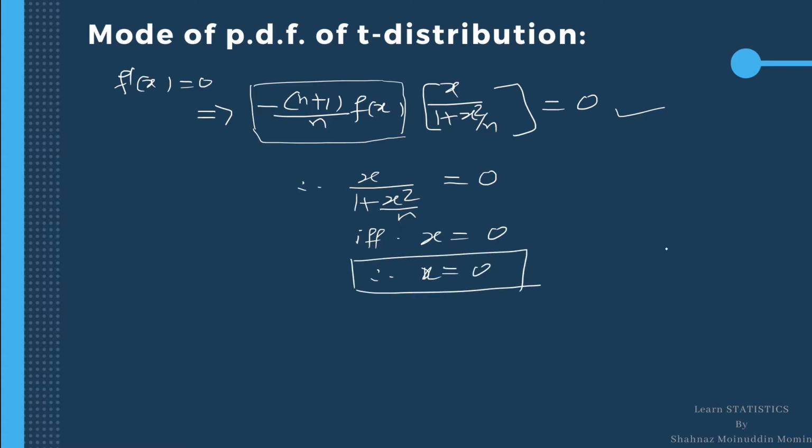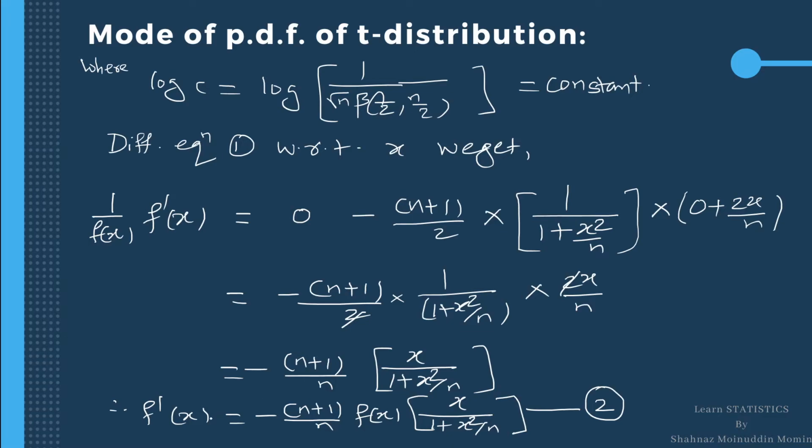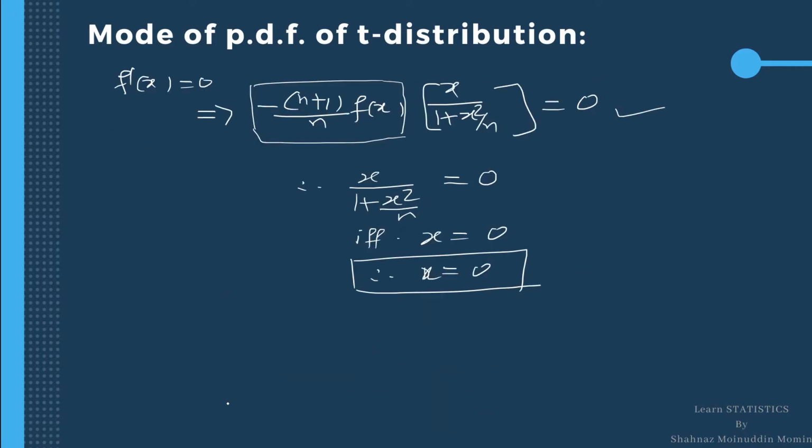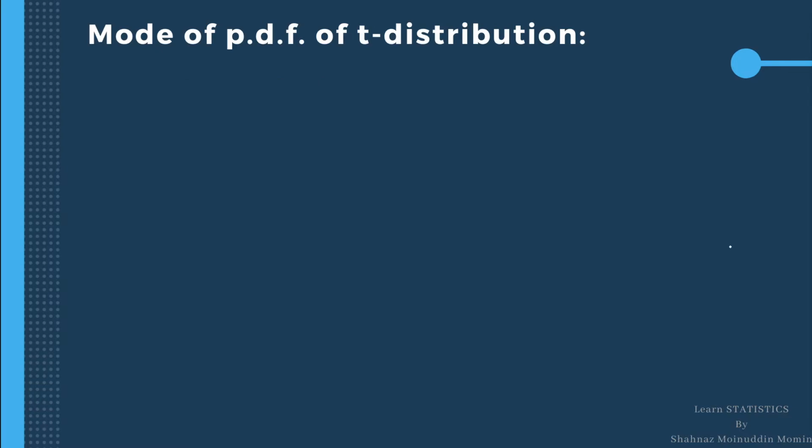Now we differentiate equation number 2, f dash x, with respect to x again. I will write down equation 2 again in order to understand the second derivative more easily.